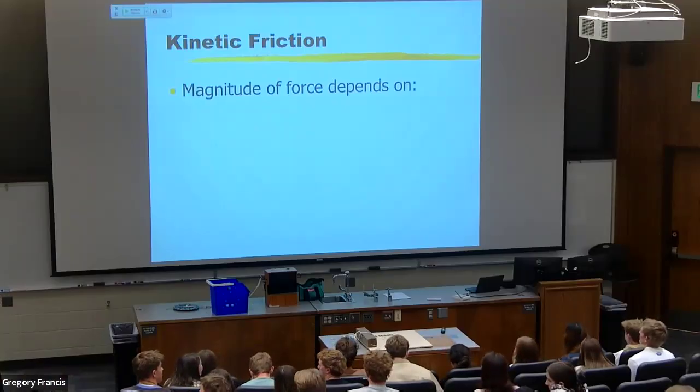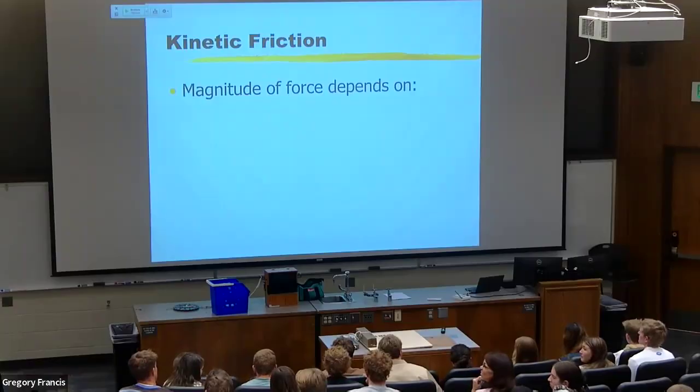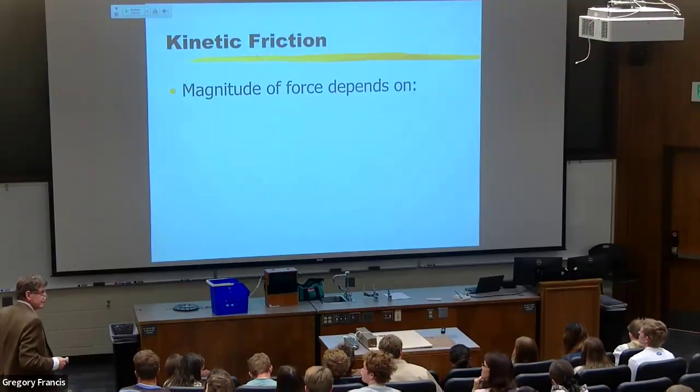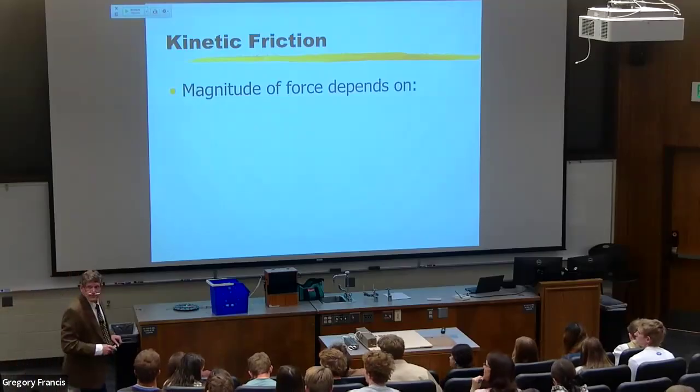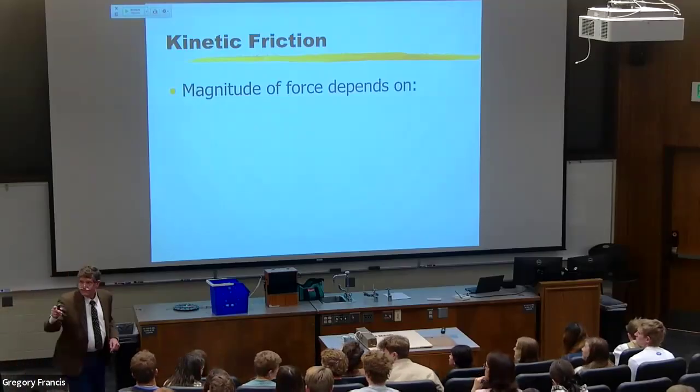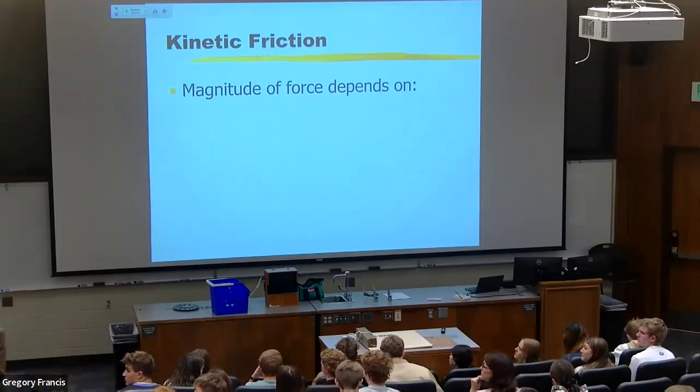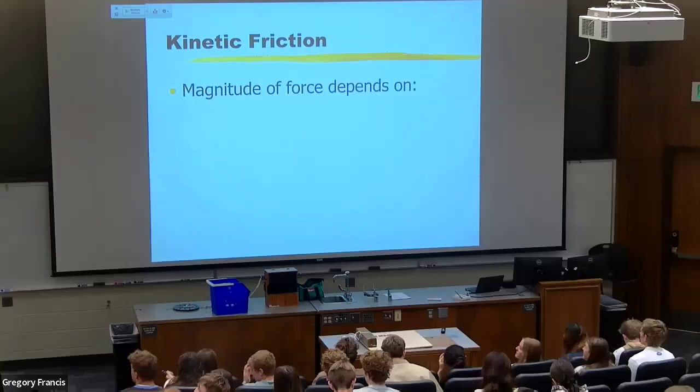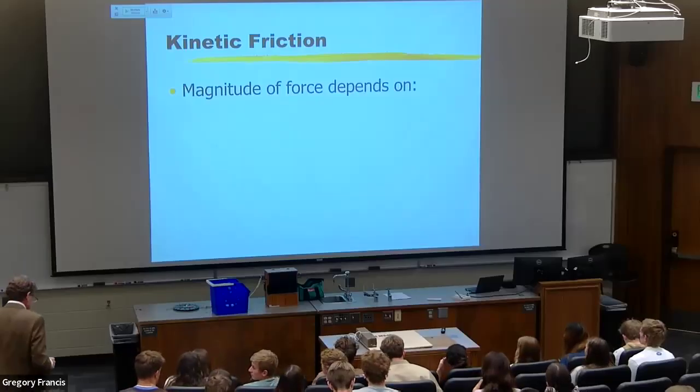The weight or mass, okay. What else? Surface area. The surface area, what else? Anything else? The coefficient of friction, okay, we're going to introduce that concept in just a moment here.